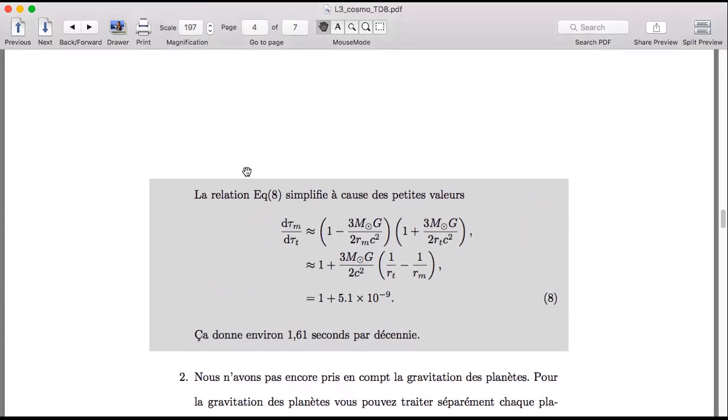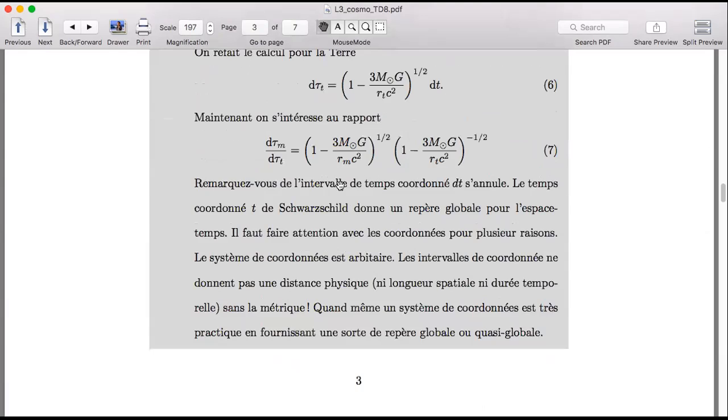Okay, now it's just a question of doing some algebra once we've done the math and the physics of interpreting these things. And so we know that these things are really, really small. Anywhere in the solar system, this would be 1,000,000 times smaller than that. And it's even smaller than that because we're a long ways away from the sun here. And so we can make a very good approximation: just bring this 1/2 down here and divide 3 by 2 and forget the power, and bring this minus 1/2 down and again divide by 3 by 2, but change the minus to a plus here.